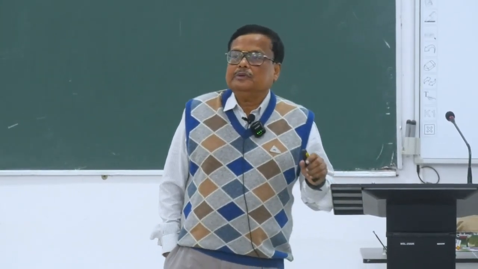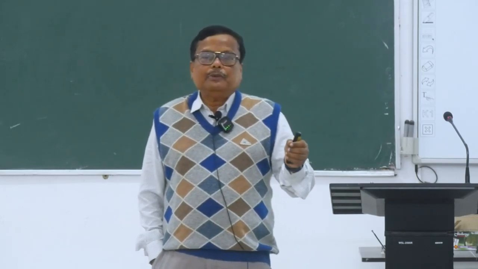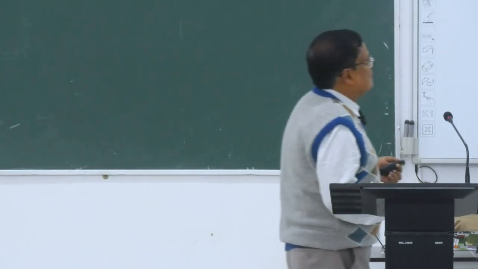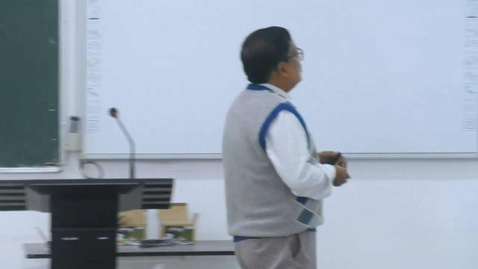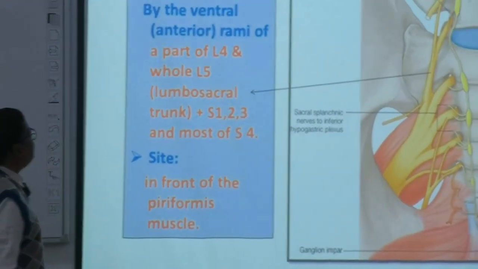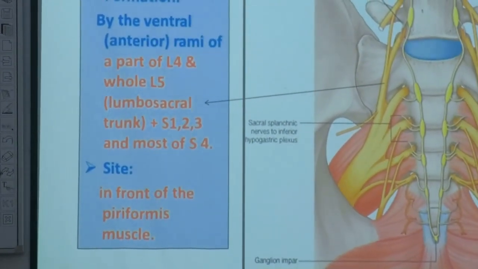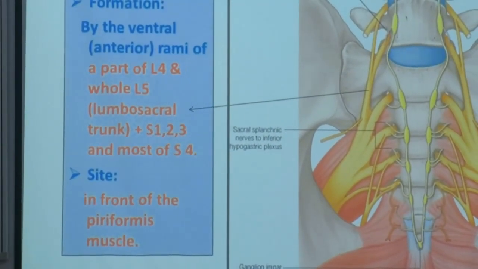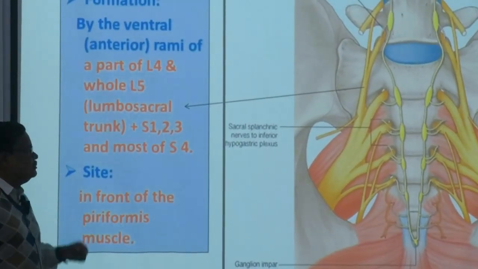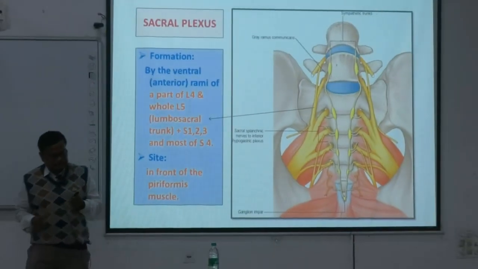So, the inferior extremity is supplied by both the lumbar plexus and the sacral plexus. The sacral plexus is formed by the ventral rami of a part of L4 and the whole of L5, then S1, S2, S3 and most of S4 nerve. It sits in front of the piriformis muscle. Look at the picture.